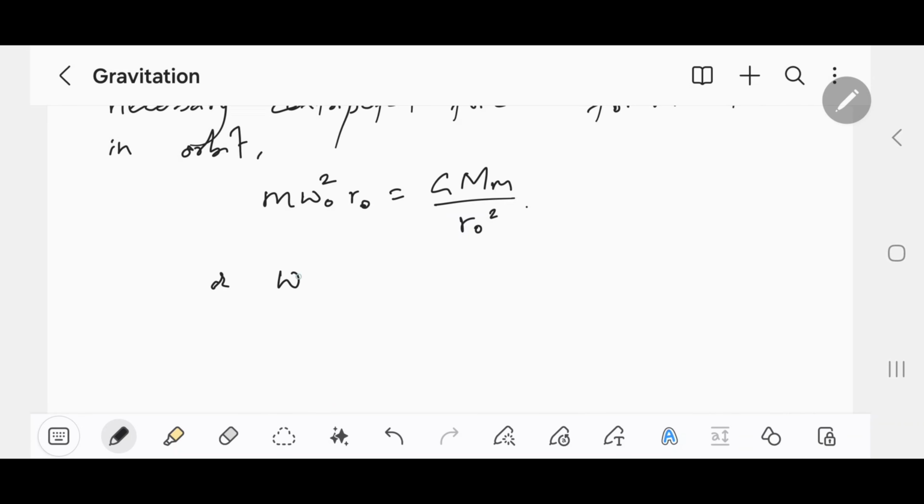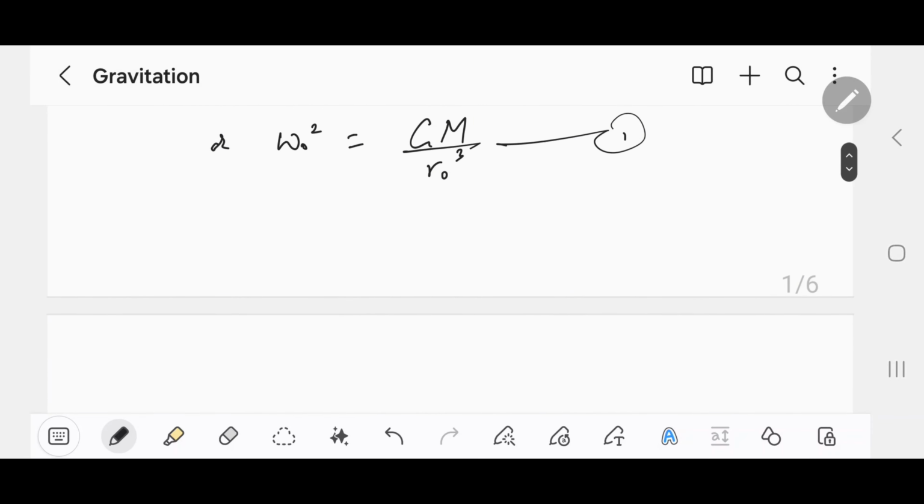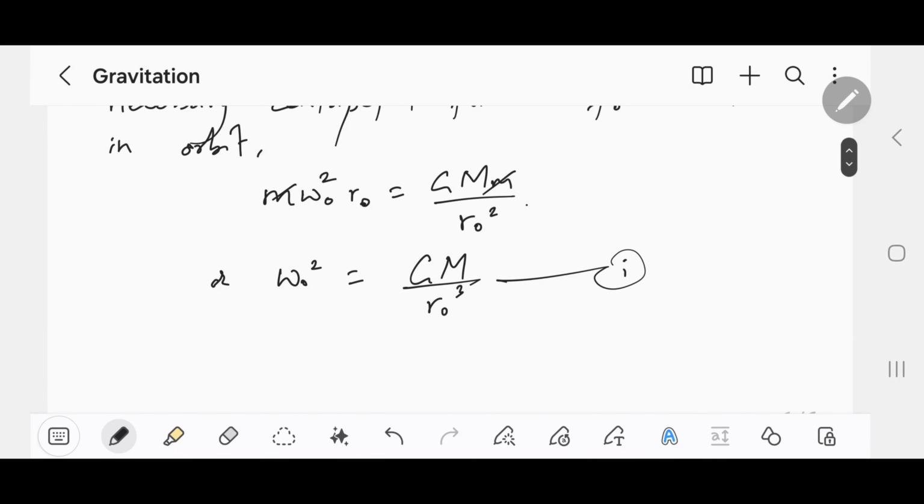So for the time being, let's write omega naught square equals, small m cancels out, we are left with GM by r naught cube. Let's not express it in terms of T. Let it be just omega naught square. This is equation first.